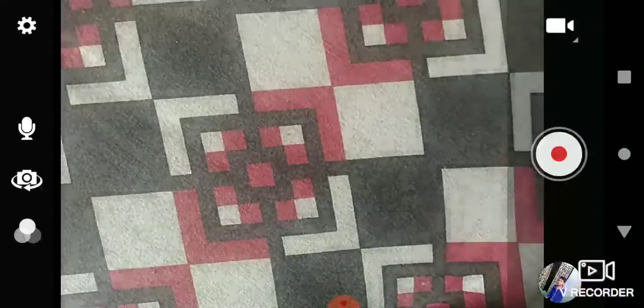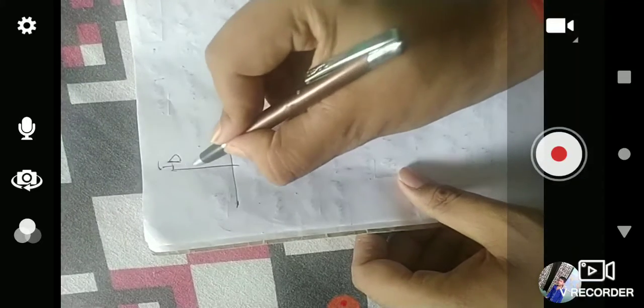Similarly, if we plot this transfer characteristic for the case of a P channel JFET, ID versus VGS, then this curve will look like this.